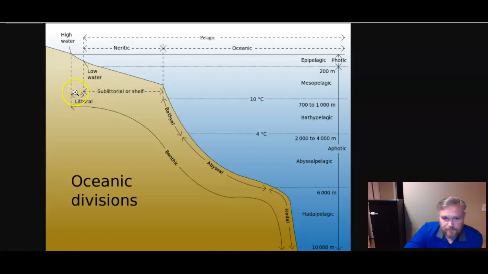Then if we look at the pelagic zone, it's actually going to be separated into two zones, the neritic zone and the oceanic zone. The neritic zone extends to the continental shelf, basically. So it's basically shallow water, relatively speaking.